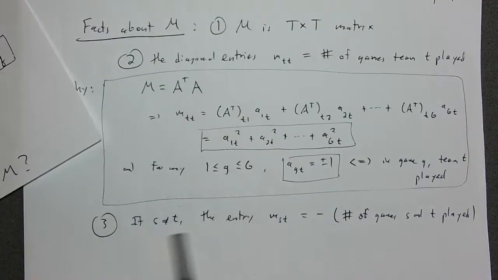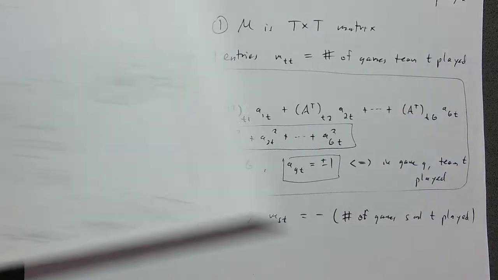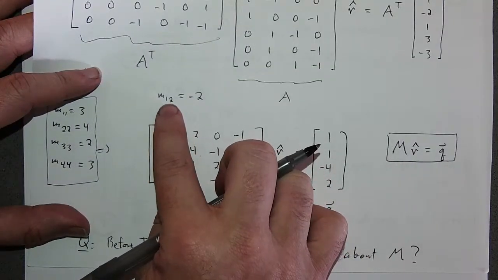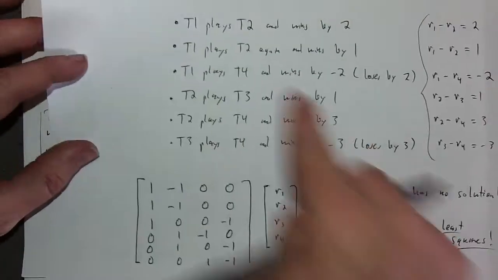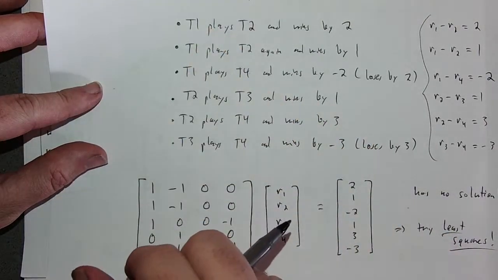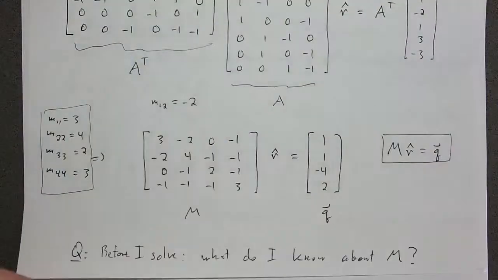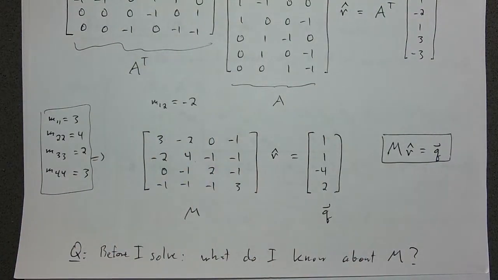According to this, it should be the negative of the number of games S and T played together is what I mean here. And here I have teams 1 and 2. How many times did they play each other? Twice. Teams 1 and 2 played each other twice. So this is minus 2 because it's minus the number of games they played with each other.